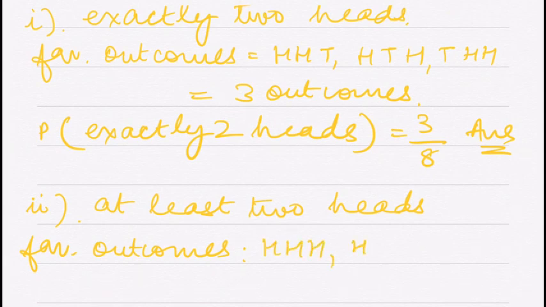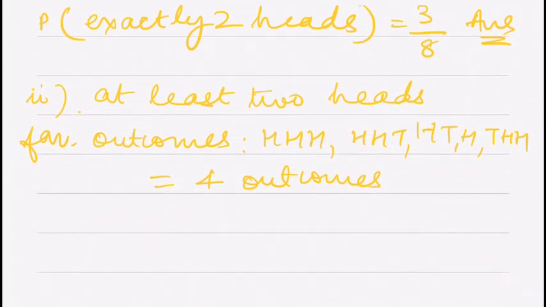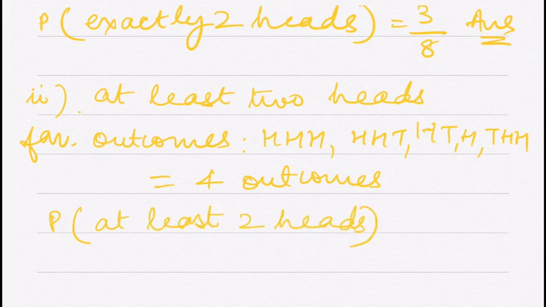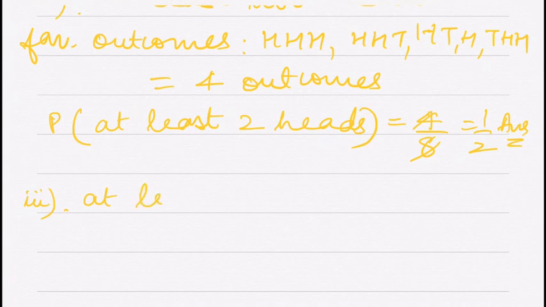So the outcomes with at least 2 heads are HHH, HHT, HTH, and THH. These are my 4 outcomes. So the probability of getting at least 2 heads will be equal to 4 by 8, so 1 by 2. That's my answer. Let's move to the third part.